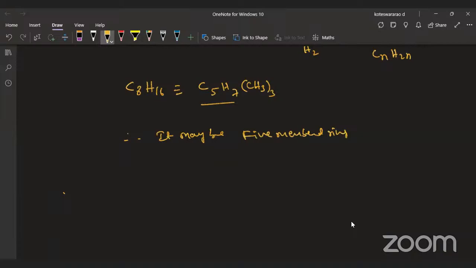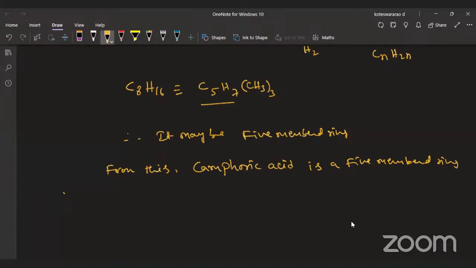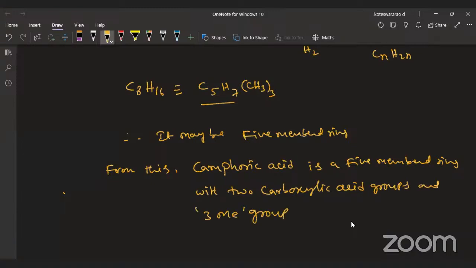That is the dioic acid, with 2 carboxylic acid groups and 3 methyl substituents.